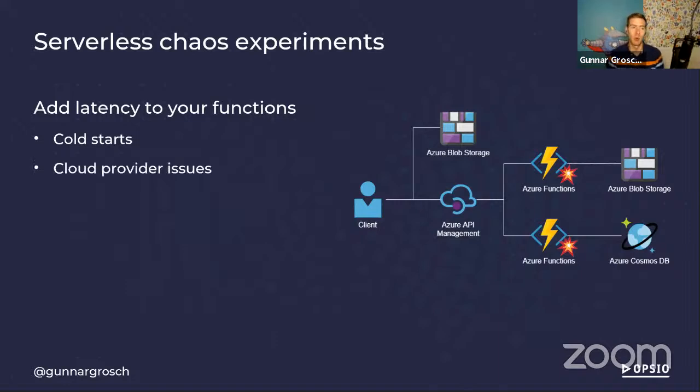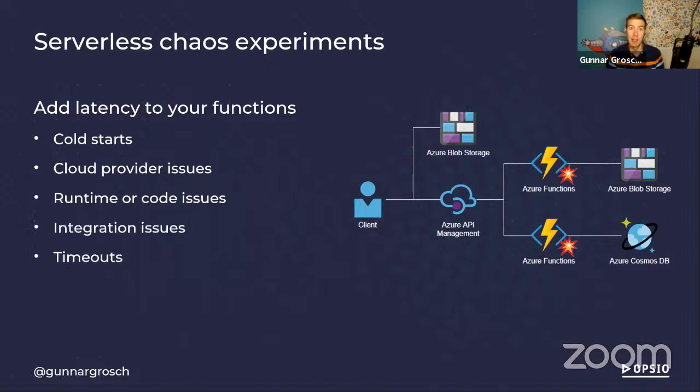We can simulate, of course, cloud provider issues that might cause latency. We can simulate runtime or code issues, integration issues, but then, of course, also, as I mentioned earlier, test for our timeout values to make sure that they are correct and that they work as intended.